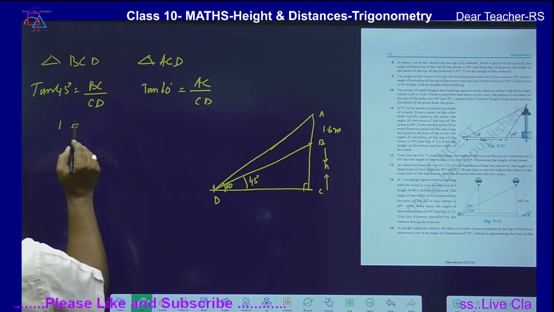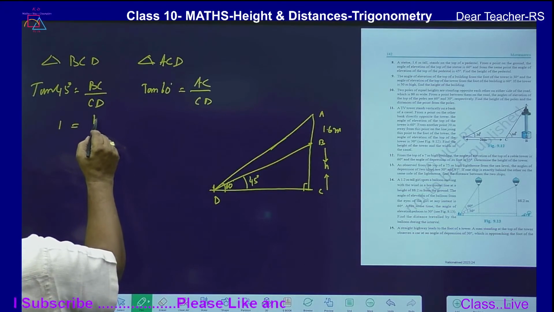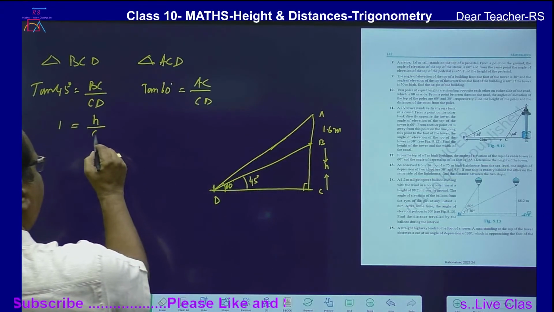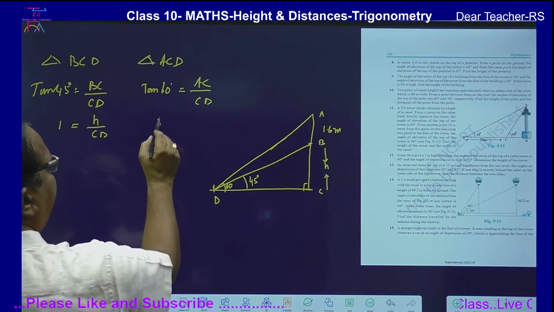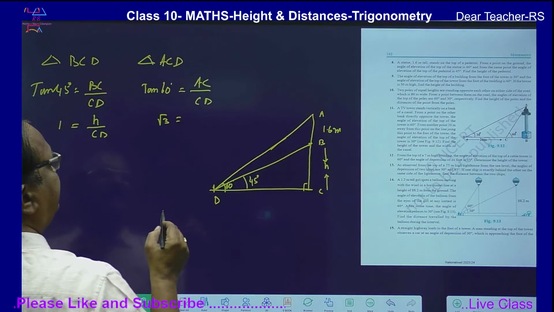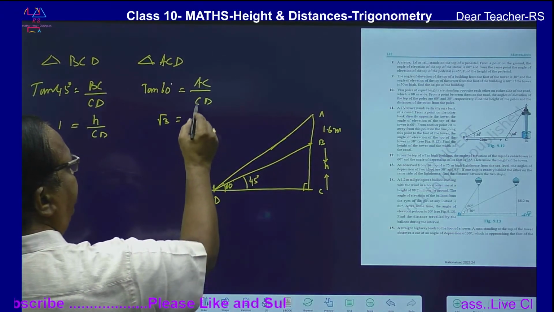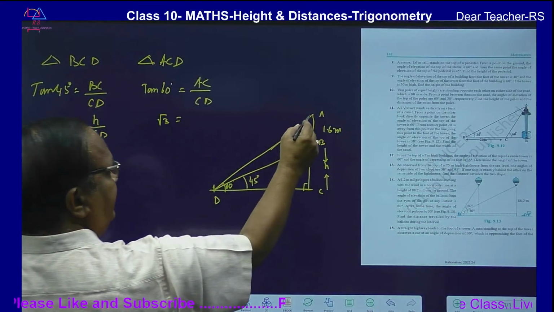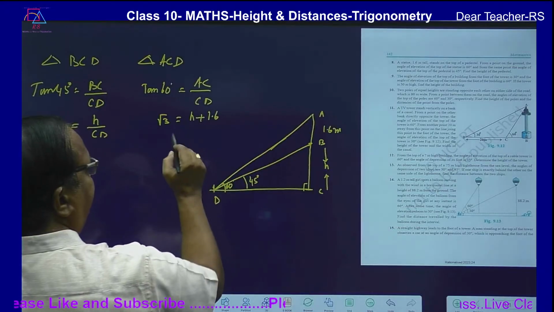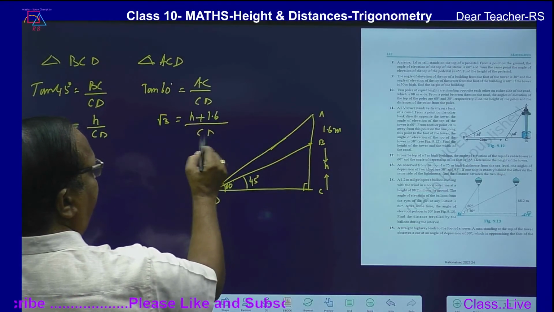Tan 45 value is 1, and BC is H, and CD we don't know, so let us write CD only. And tan 60 is root 3, and AC means H plus 1.6 by CD.